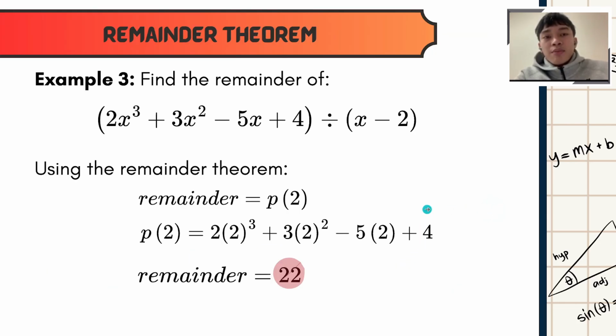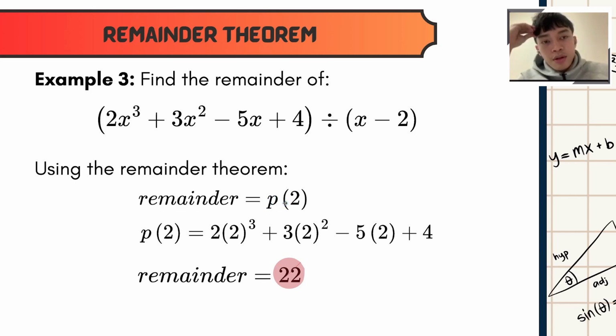So here we have an example. To find the remainder of 2x cubed plus 3x squared minus 5x plus 4 divided by the divisor x minus 2, using the remainder theorem, remainder equals p of 2.